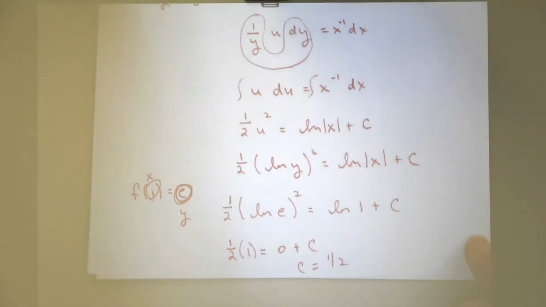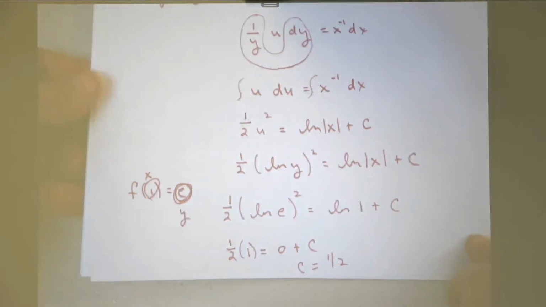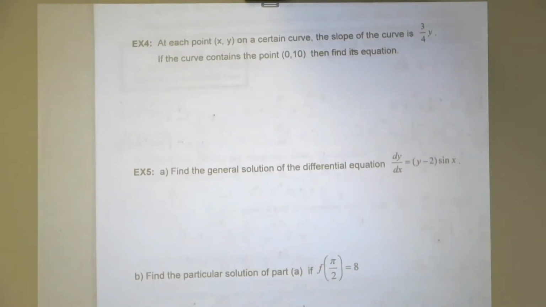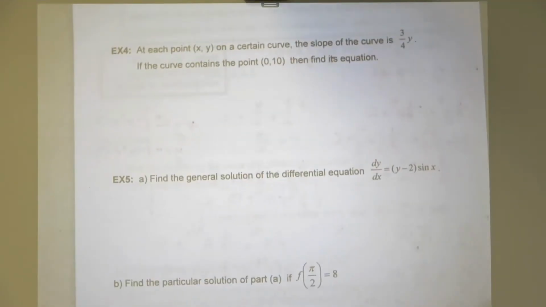All right. Let's move on to example 4. At each point x, y on a certain curve, the slope of the curve is 3/4 y. So they're giving you your dy dx right there.